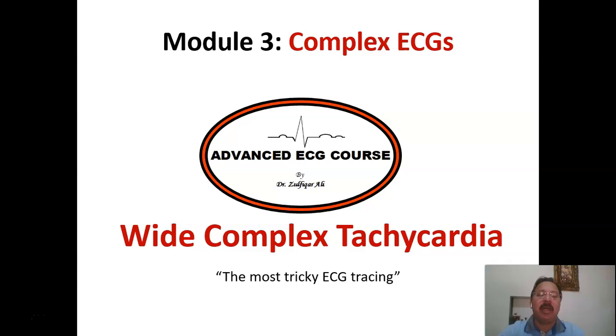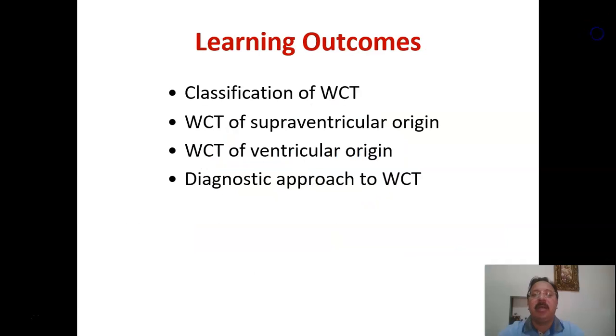Wide complex tachycardia is the most tricky ECG tracing, and it's very difficult to differentiate the different types of tachyarrhythmias. But let's see, in this topic we are going to cover the classification of wide complex tachycardia.